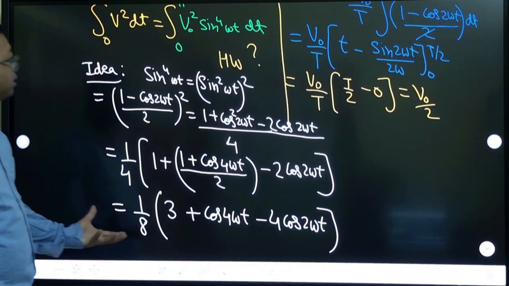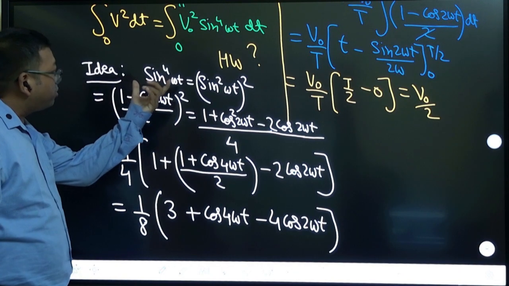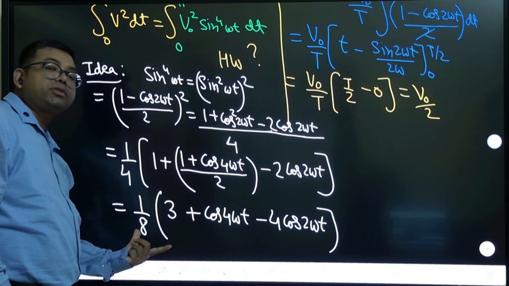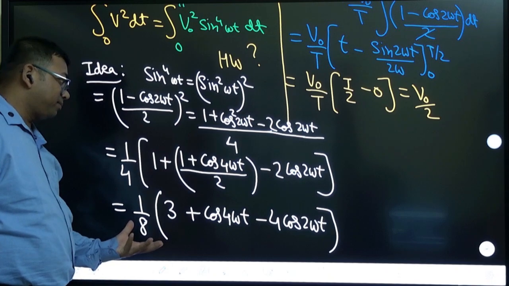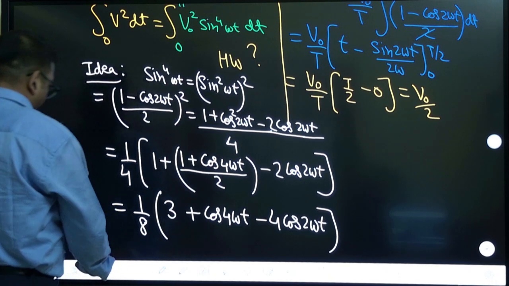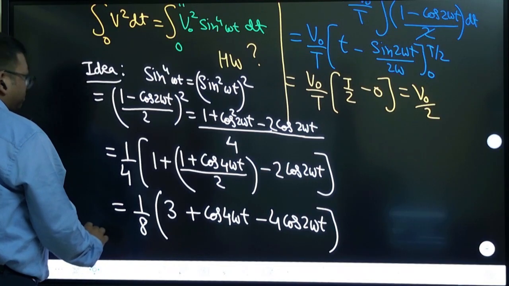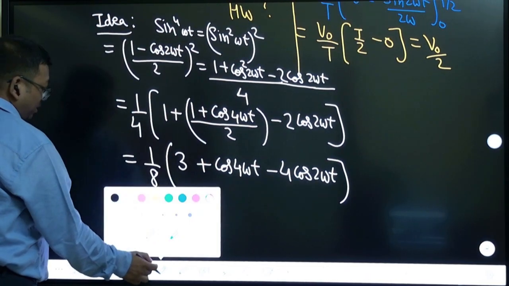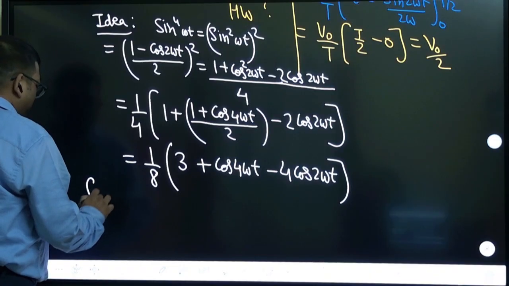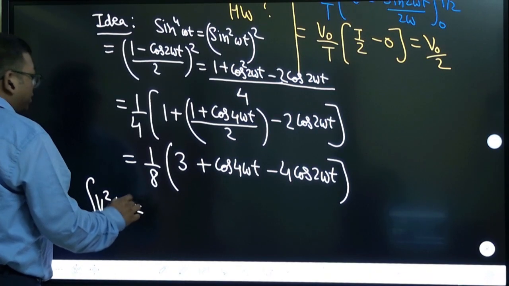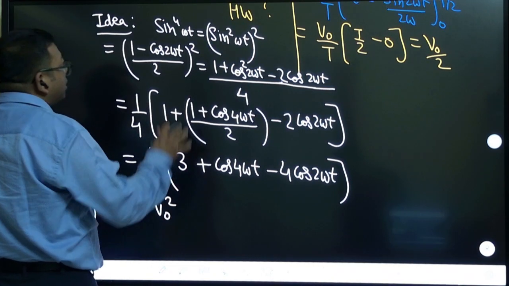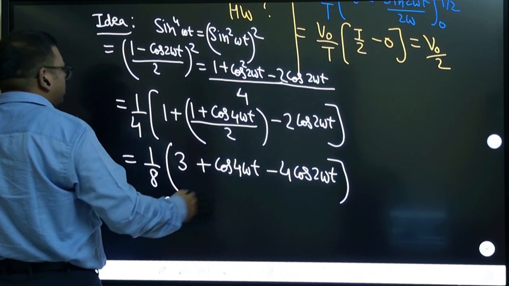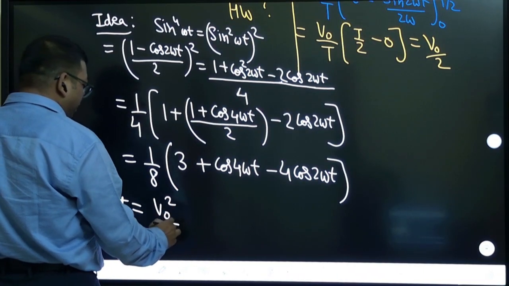Now integration of sine power 4 omega t can be written as integration of this whole term. So integration of V square dt, we have V naught square coming out, and sine power 4 gives this, with 8 taken out.